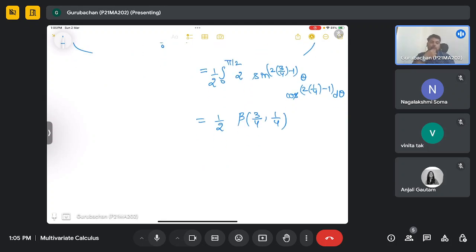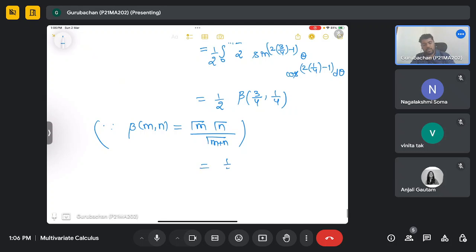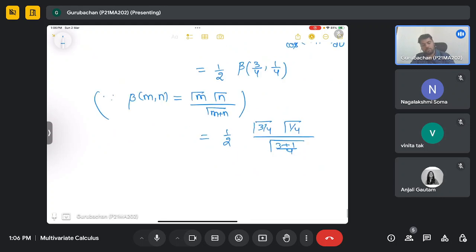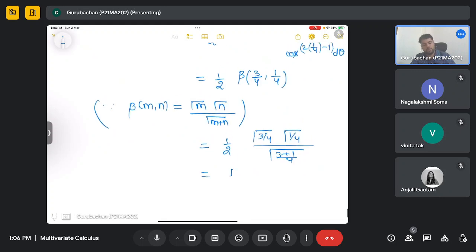Since it takes the form of the beta function, we can say that beta of m, n is nothing but gamma of m, gamma of n divided by gamma of m plus n. So we can use this relation. This will give us half of gamma of 3 by 4, gamma of 1 by 4 divided by gamma of 3 by 4 plus 1 by 4, that is gamma of 1, and gamma of 1 is nothing but 1. So we are left with gamma of 3 by 4, gamma of 1 by 4.